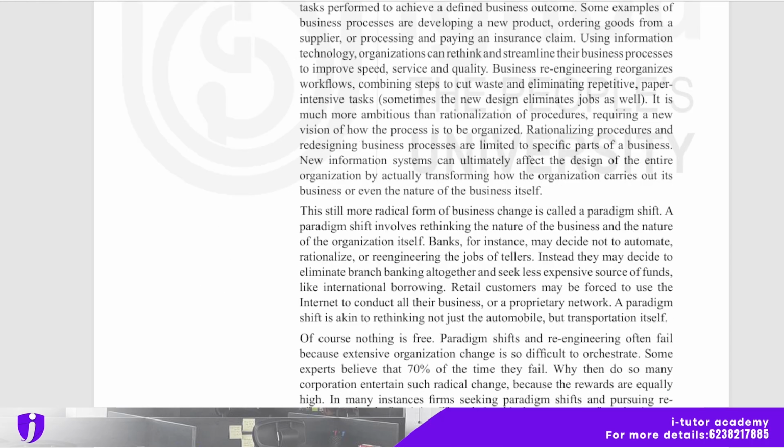And a still more radical form of business change is called a paradigm shift. A paradigm shift involves rethinking the nature of the business and the nature of the organization itself. Banks, for instance, may decide not to automate, rationalize, or re-engineer the jobs of tellers, and instead they may decide to eliminate branch banking altogether and seek less expensive sources of funds like international borrowings.